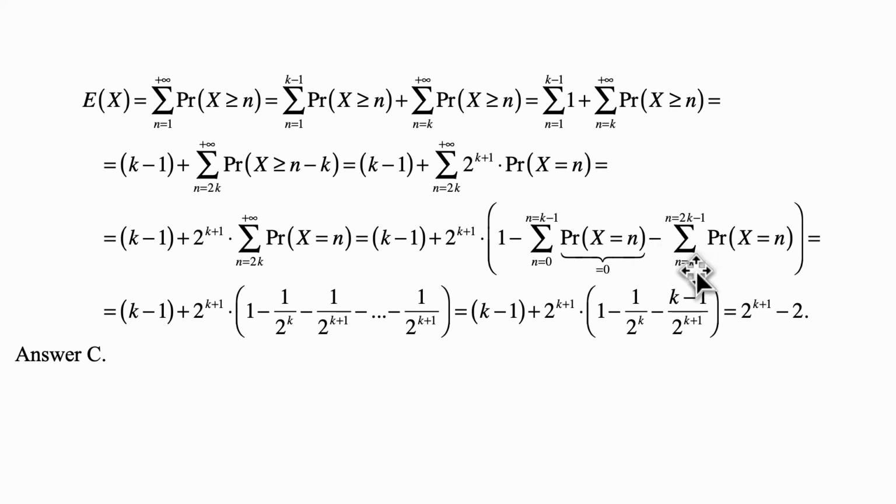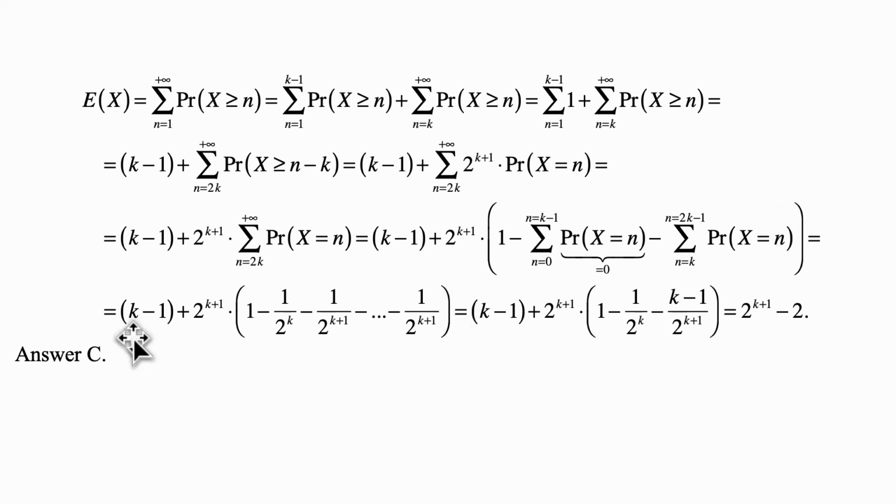And then this is minus the sum from n equal to k to n equal to 2k minus 1, because we started at 2k here, so the last possible value is n equal to 2k minus 1, of the probabilities that x is equal to n. Okay.